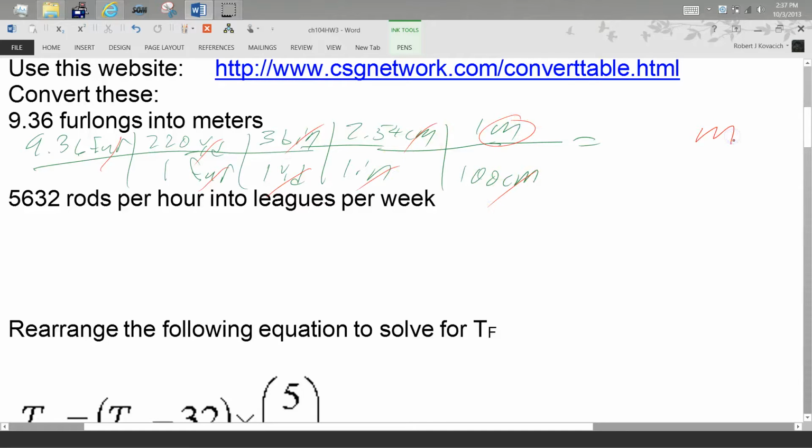And what did you guys get for a number for this? Anybody? Furlongs into meters. I got 1880.